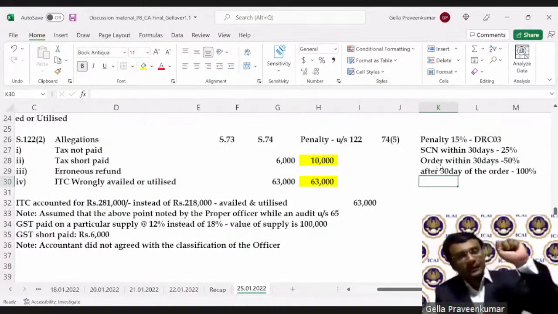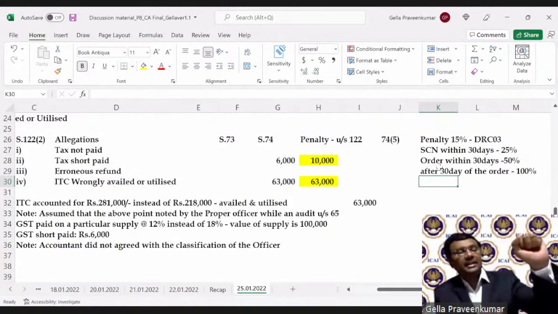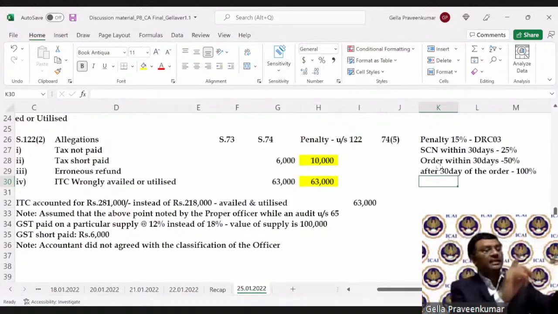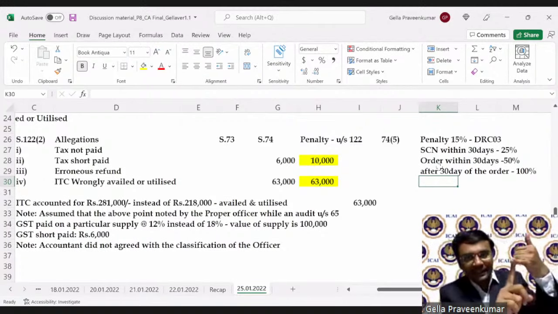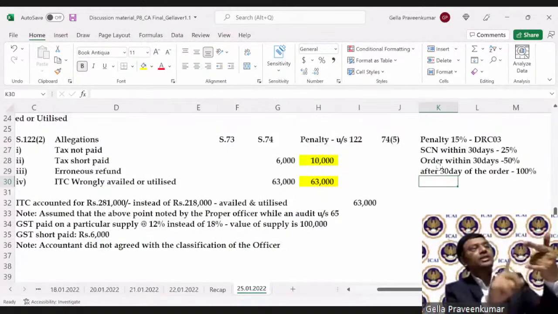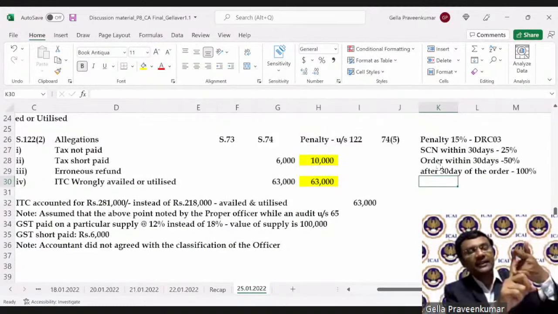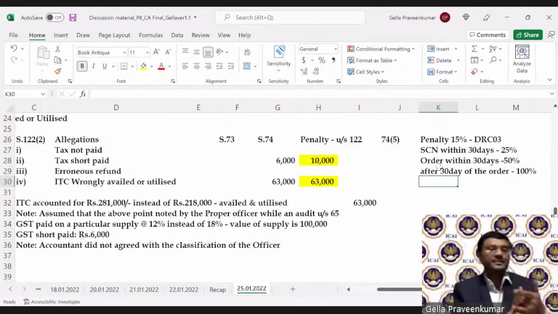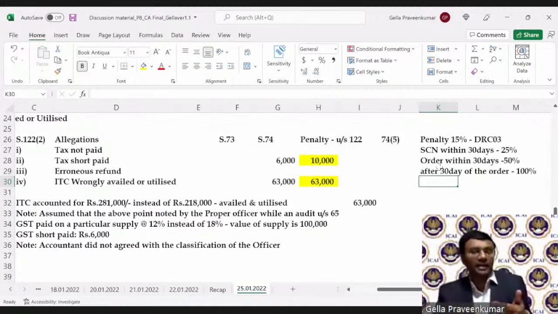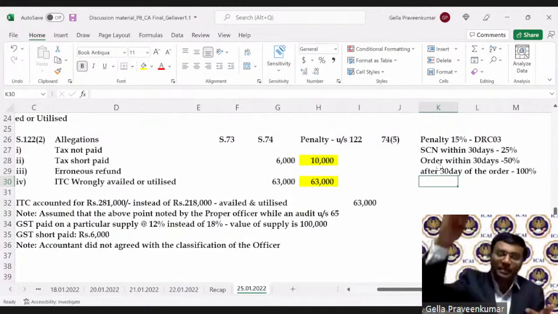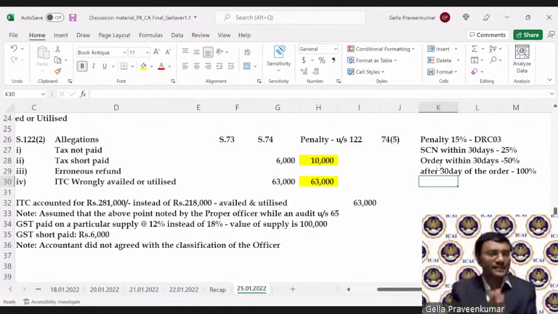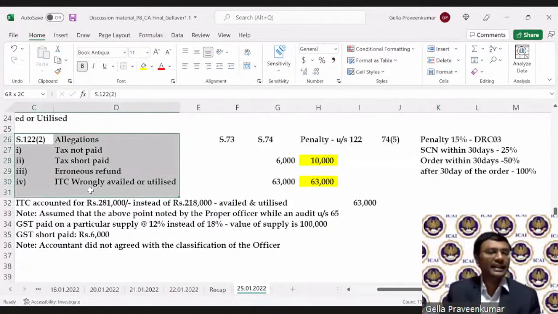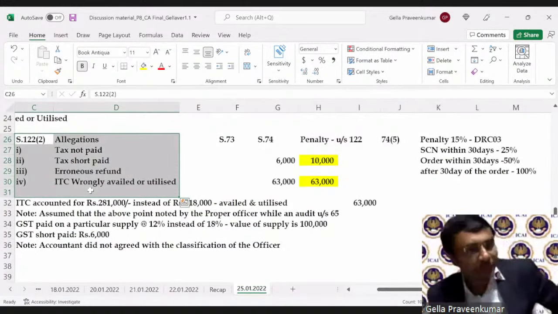Now, at the time of issuing the show cause notice, Namita, the officer says tax of, say, 6,000. He will also levy a penalty equivalent to 6,000 under section 74. Now, if at all the officer has to come to section 122, apply the provisions under section 122, subsection 2. Here, my transactions are clearly covered under section 122, subsection 2.